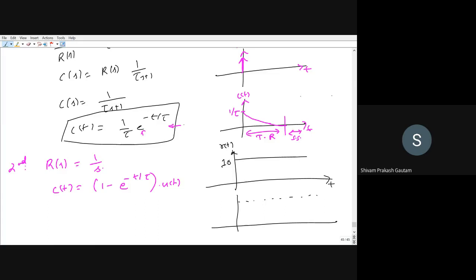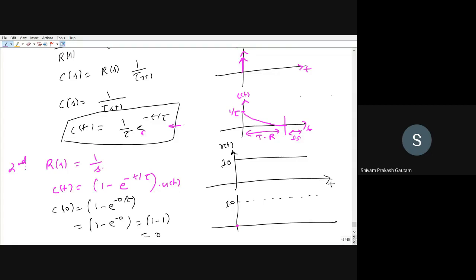At t is equal to 0, what is the value of c of t? This will be equal to 1 minus e to the power minus 0. E to the power 0 is 1, so 1 minus 1 will be 0. So at t is equal to 0, the value of c of t is 0. That means this is 0.